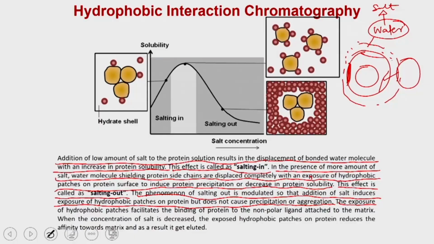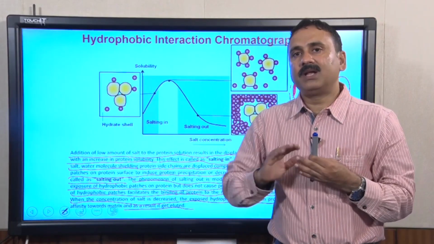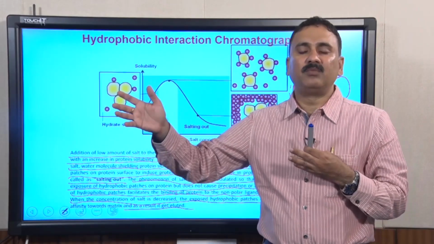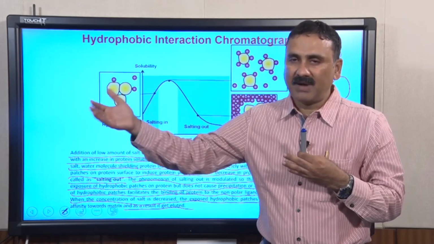The exposure of hydrophobic patches facilitates the binding of the protein to the non-polar ligands attached to the matrix. When the concentration of salt is decreased, the exposed hydrophobic patches on the protein reduce the affinity, and as a result the protein gets eluted. So, once you increase the salt, the hydrophobic patches are exposed, and that facilitates the binding of the protein to the matrix.